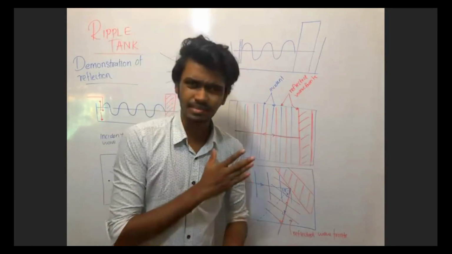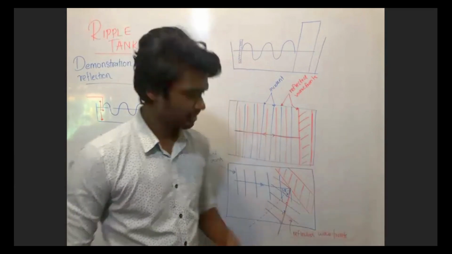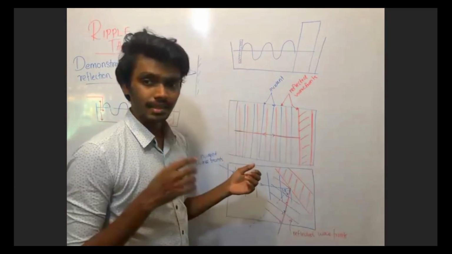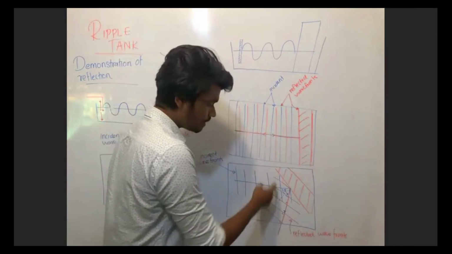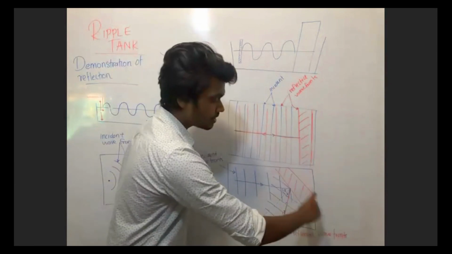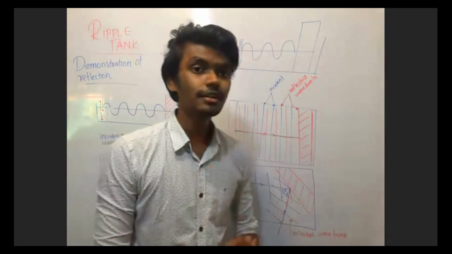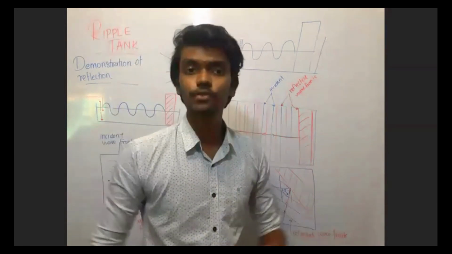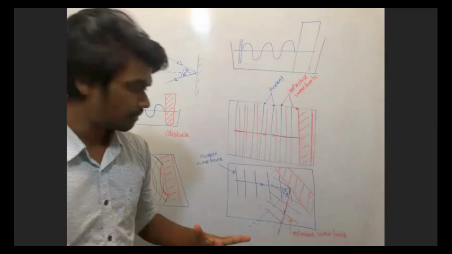I can't remember whether it's an experiment or an essay, but in a certain year they gave only the forward wave fronts. There was an obstacle which was placed inclined, and they asked you to draw the reflected wave fronts.